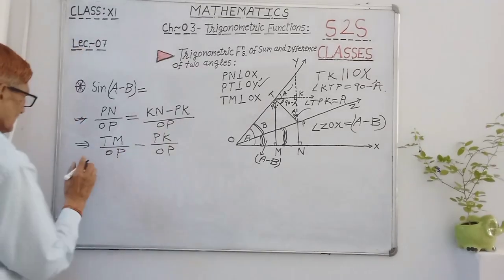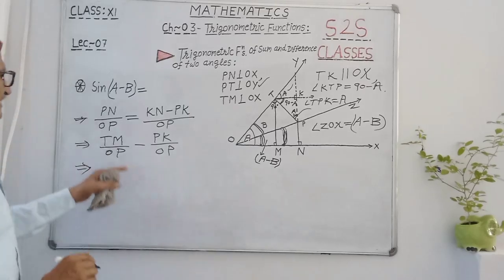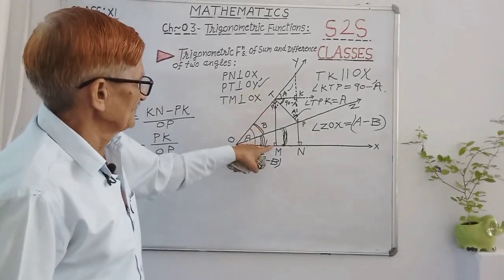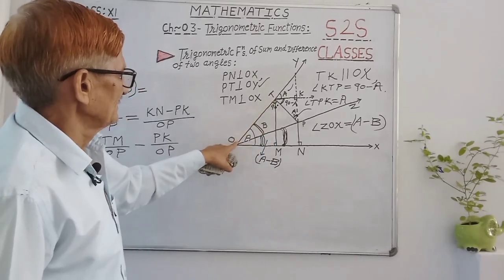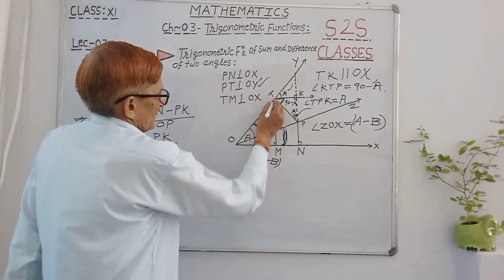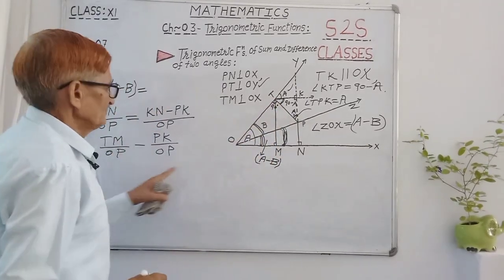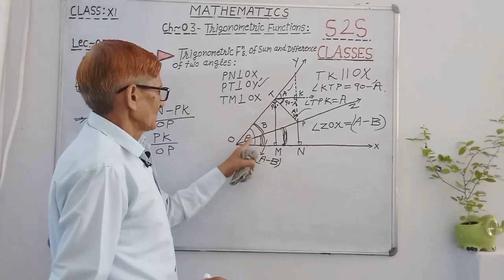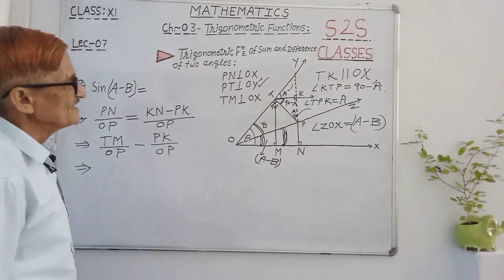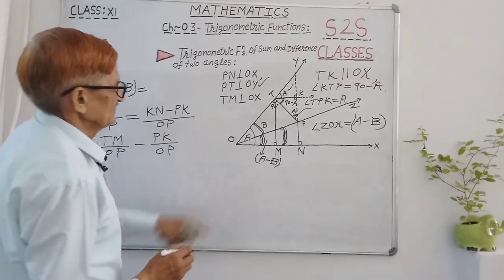So this implies TM, in which right triangle is TM one side? TM is one side in right triangle TOM. So in right triangle TOM, look carefully, TM side is the opposite side of angle A. So opposite upon hypotenuse, hypotenuse is OT.